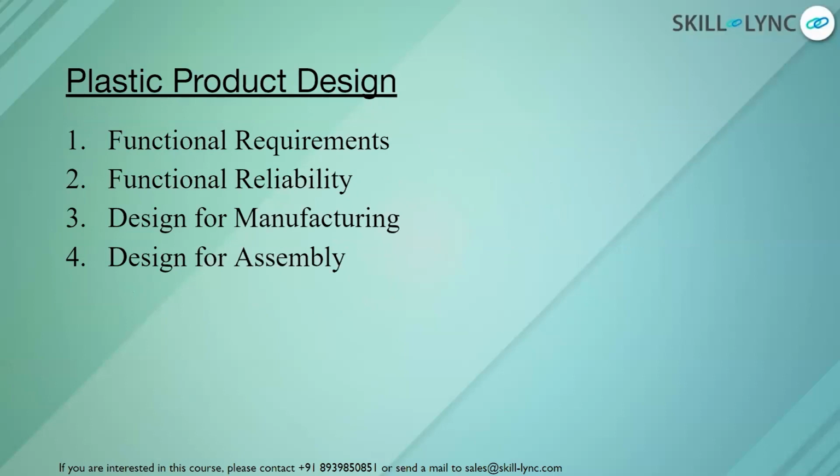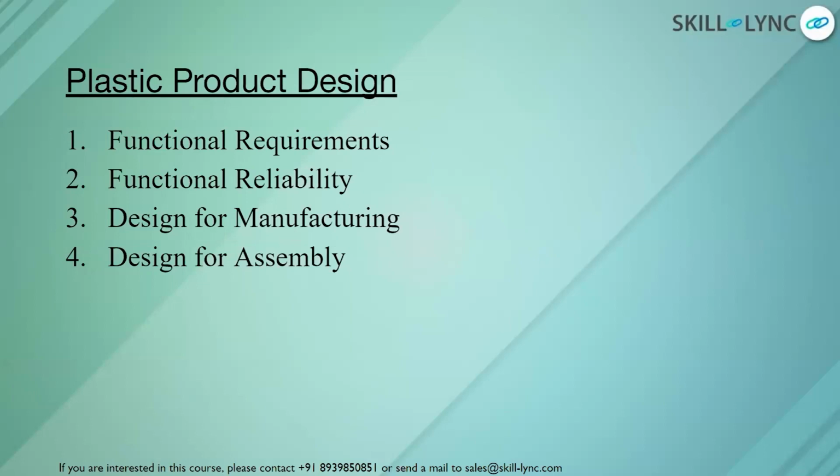Whenever you are looking into plastic product design, there are some parameters which we generally look into. Those are basically the functional requirements. The components made out of plastics are supposed to do some particular function, so that will be one of the requirements we look for whenever we are developing products using plastics.